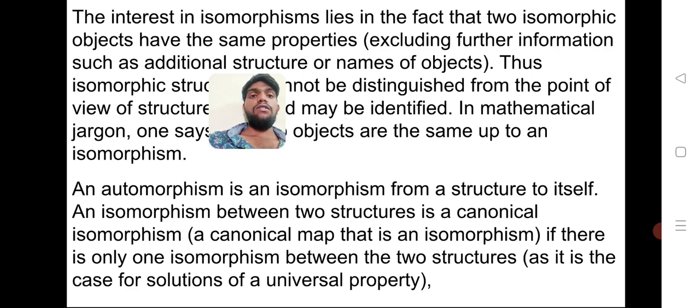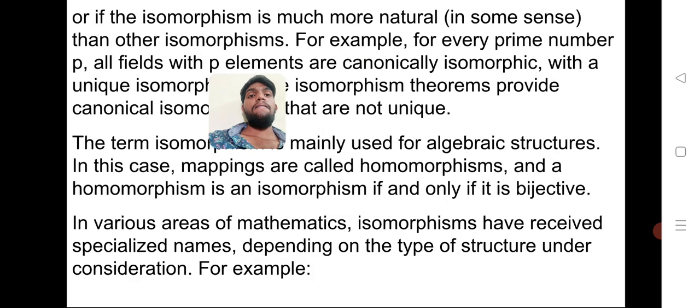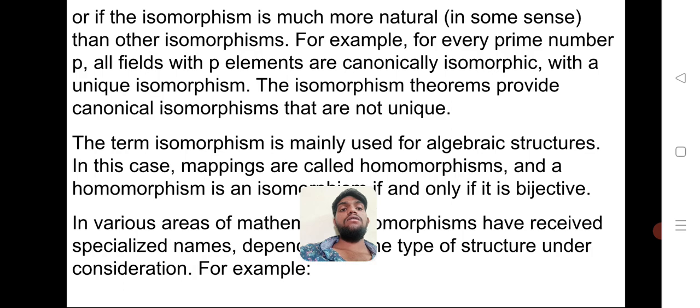An automorphism is an isomorphism from a structure to itself. An isomorphism between two structures is a canonical isomorphism if there is only one isomorphism between the two structures, or if the isomorphism is much more natural than other isomorphisms.